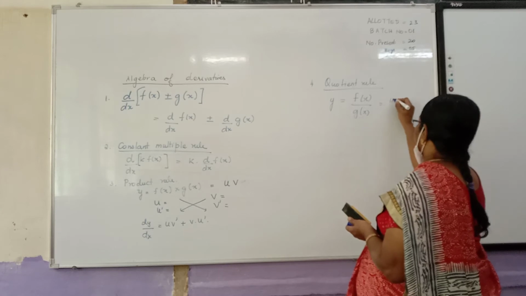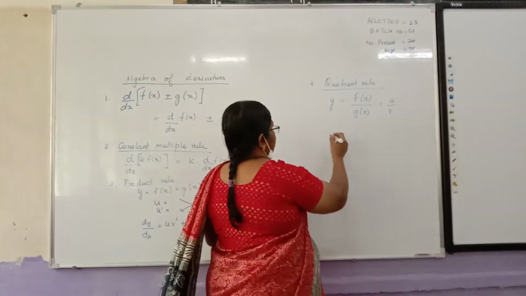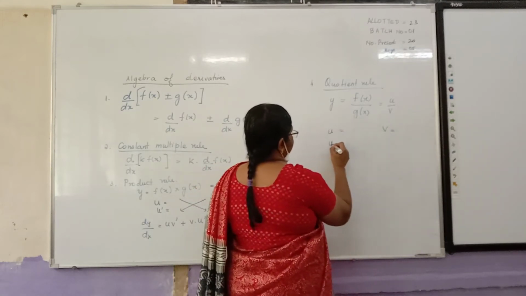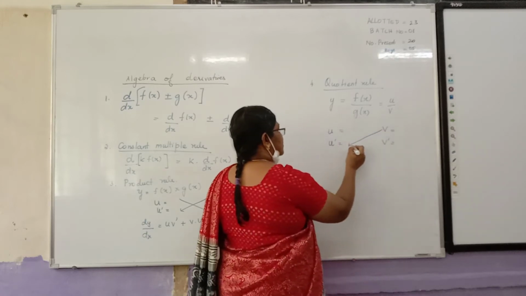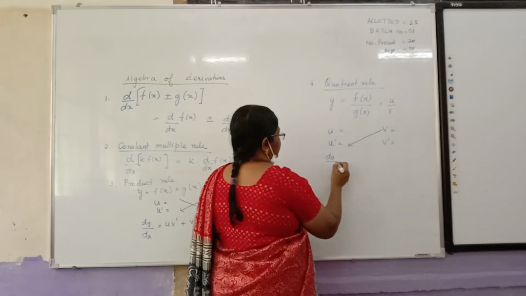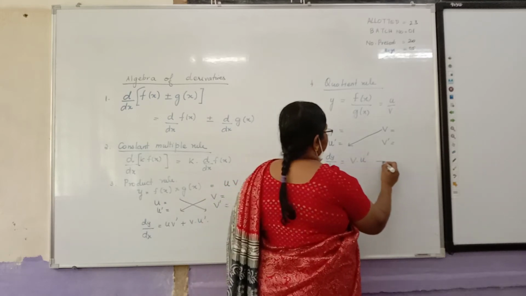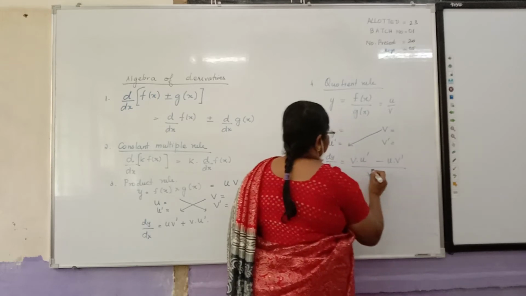If you have u by v, take u the same way, take v, u dash and v dash. Start from here. To remember, dy by dx is v into u dash minus u into v dash, by v square.